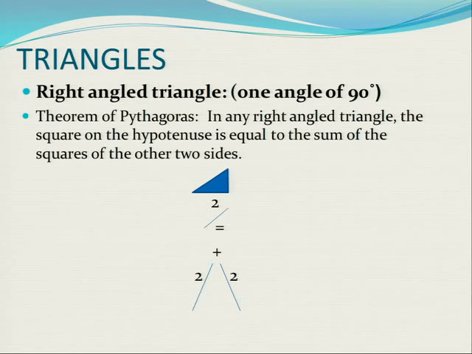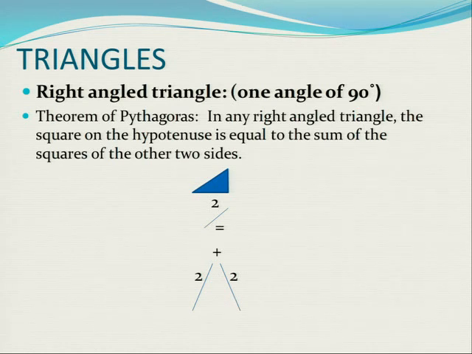Now, I have this funny picture of a little man that can help you to remember this theorem of Pythagoras. The blue triangle tells you this is a right angle triangle. The 2 stands for the square.